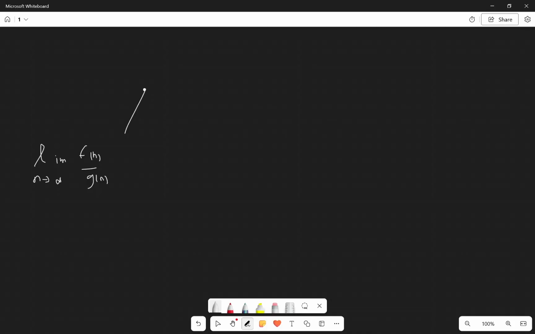There are three possible values: infinity, 0, and a countable value. If it's infinity, that means fn is way bigger than gn, which means gn stays below fn. Therefore, we can say fn is big omega of gn.